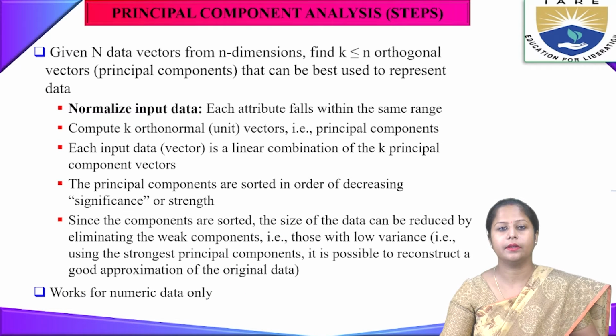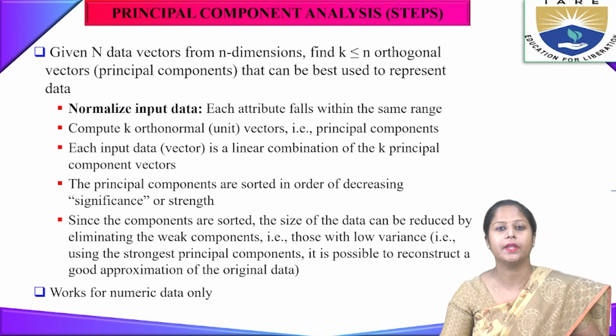We will check step by step what we need to do while performing principal component analysis. First, given n data vectors from an n-dimensional data set, we have to find k orthogonal vectors, where k is less than or equal to n. These are the principal components. We check the orthogonal vectors from the data that can best represent the data.